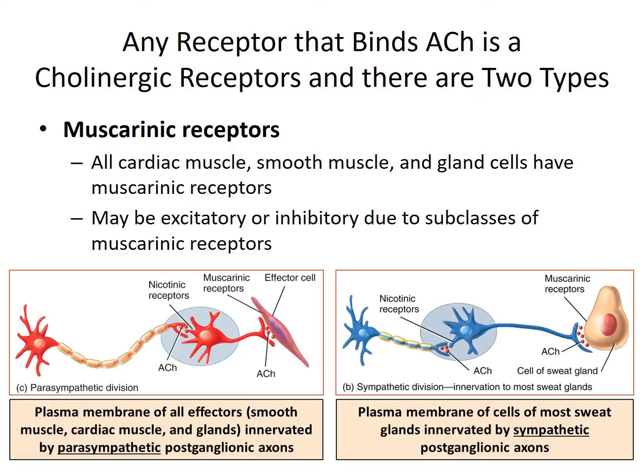So the plasma membrane of all effectors that are innervated by parasympathetic postganglionic axons have muscarinic receptors present. Plasma membranes of cells of most sweat glands innervated by sympathetic postganglionic neurons have muscarinic receptors.